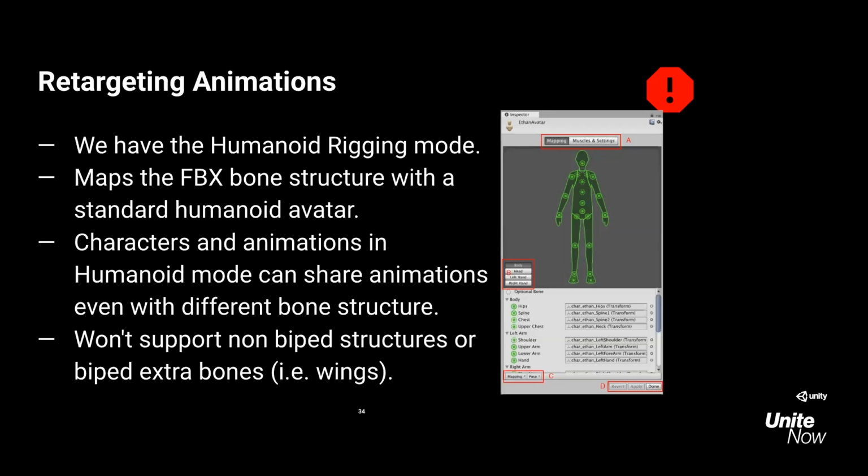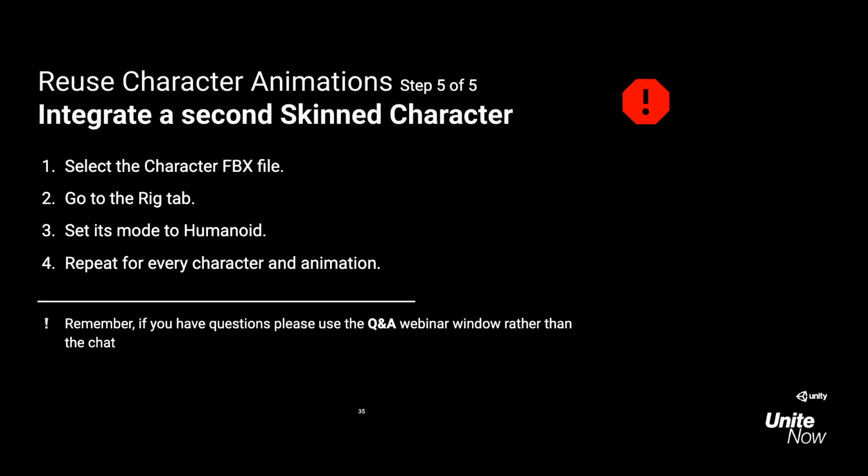When you set the rig mode to humanoid, Unity will automatically do this mapping. Because we have a mapping to a standard set of bones, now those sets of bones are compatible. If the animation bones are mapped to the same standard that our character has been mapped to, they are compatible. So you can use your character with mocap animations or whatever animation you want, more or less seamlessly. Sometimes you need to tweak some things.